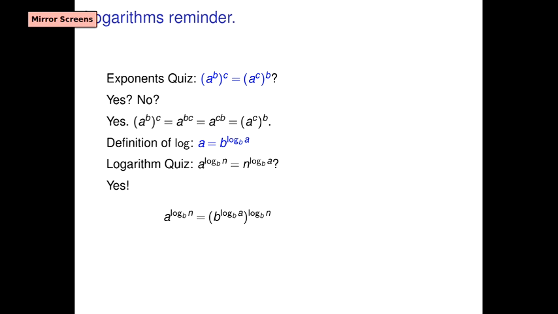That's what a equals by the definition of log base b of a. So I'm just putting it in, and then I multiply it out and switch. Now I'm using the first equality. And then b to the log base b of n, what is this? N. You got it?